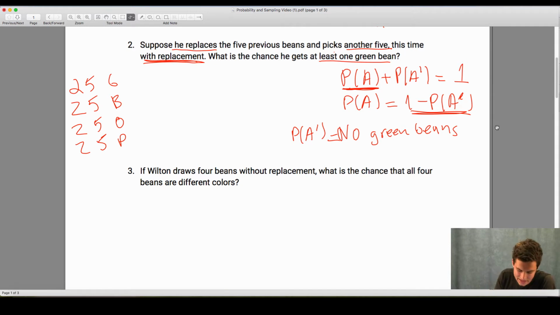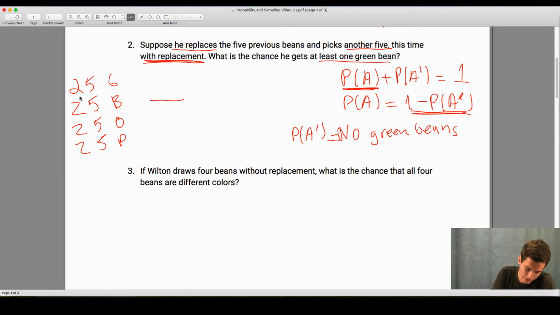And this is significantly easier to calculate. So using exactly the same ideas that we used in the previous problem, namely the counting approach to calculating probabilities, as well as the multiplication rule, we want to see what the probability of getting a sequence that has no green beans is. So now let's look at the first try.